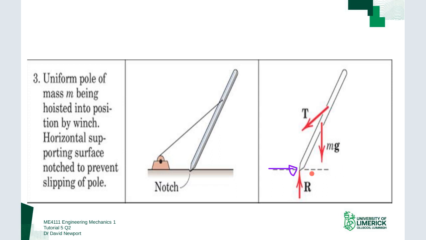Just remember that if you get a negative, it doesn't mean that it's in the negative direction. It means that it's the wrong way in your free body diagram. So if I drew it like this, although my force is shown pointing in the negative direction, the minus on it means that it's just pointing the wrong way. It's actually a positive force. So just be aware of that distinction.